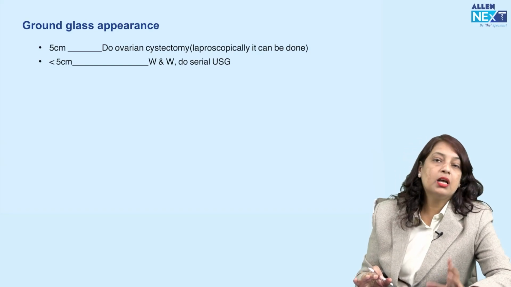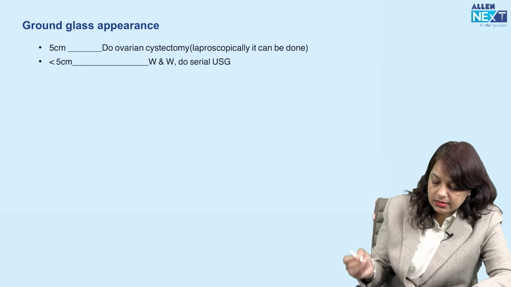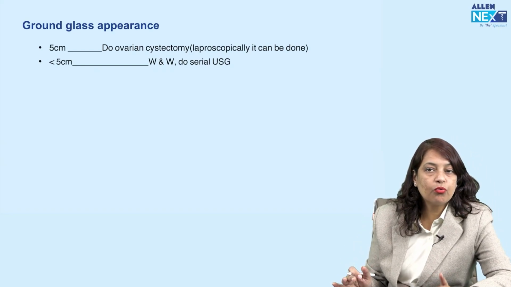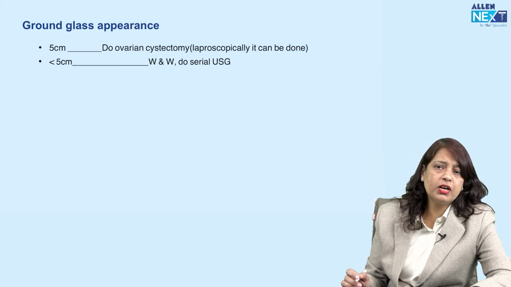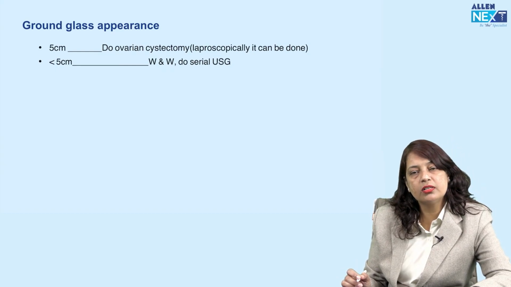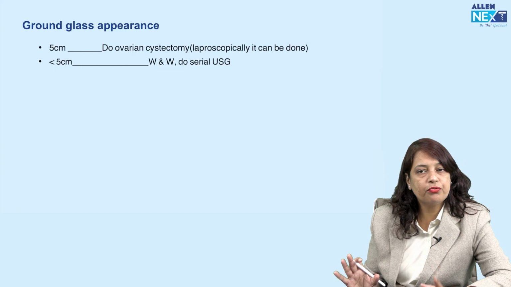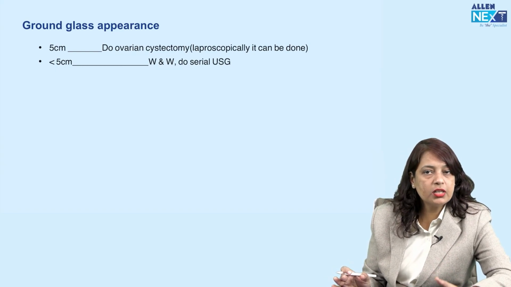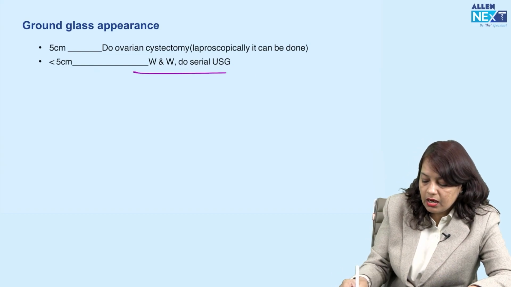Now, remember, if the presentation of the patient is adnexal masses and you are supposed to give the treatment, if the adnexal mass is less than 5 centimeters, then you have to do wait and watch, because in the reproductive age group we want to conserve the ovaries for fertility functions. So less than 5 centimeters, just wait and watch and do serial ultrasound.